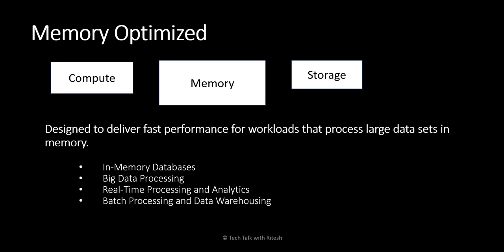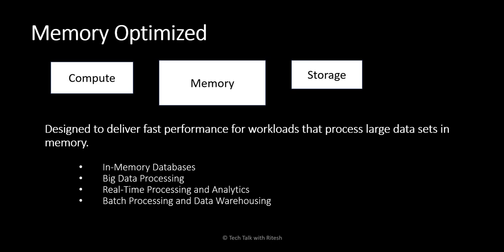Okay, memory optimized. So this time we need faster performance in terms of memory. Consider a scenario where we have lots of users and maybe it's a gaming console, and at runtime lots of users are coming and creating a profile, and while they are playing we need to store their gaming profile information in cache, in memory.